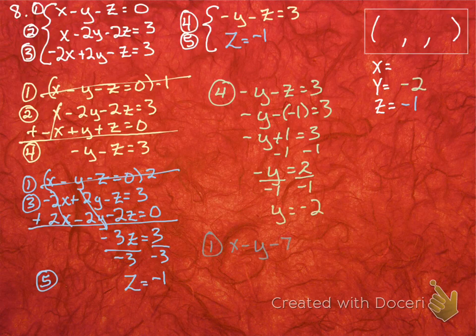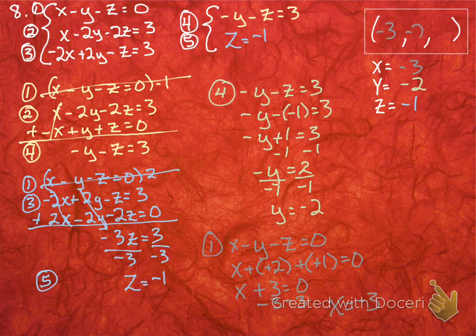We'll plug that into equation 1, so we have x minus -2 minus -1 is 0. Change all of our signs because when we subtract a negative, it becomes a positive. And we end up with x is equal to -3. So our final answer is -3, -2, -1.